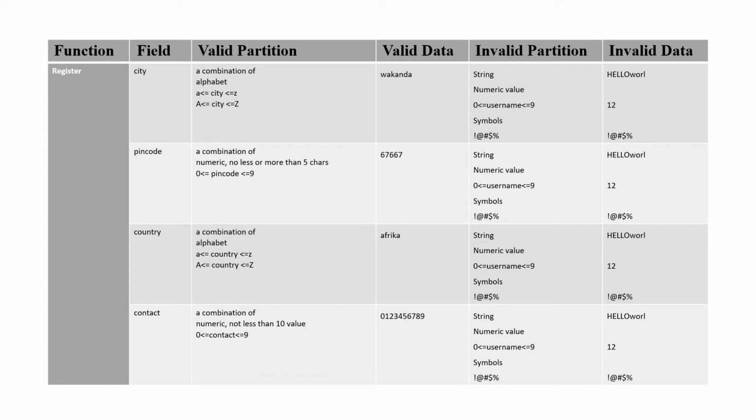City have a valid partition of a combination of alphabet, and then pin code, a combination of numeric, no less or more than 5 characters, and country, also a combination of alphabet. And the last text field for the register function is contact. It has a valid partition of a combination of numeric and not less than 10 value.